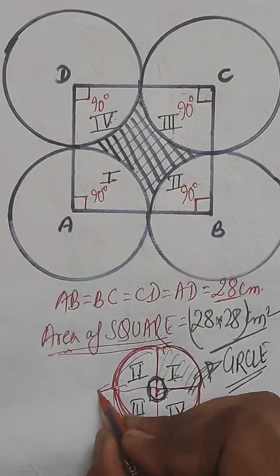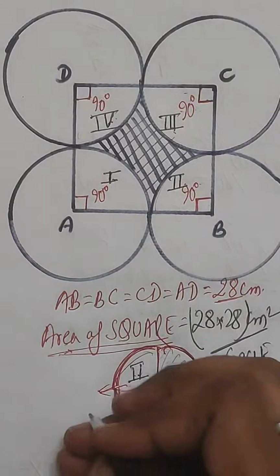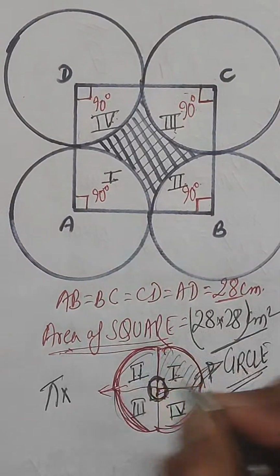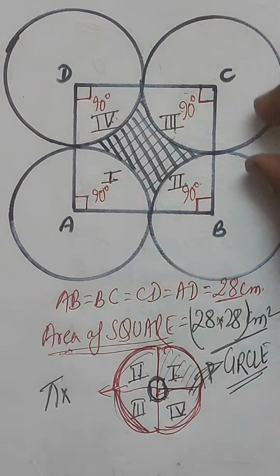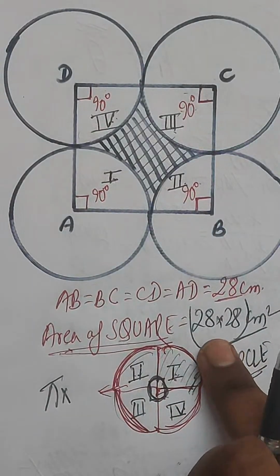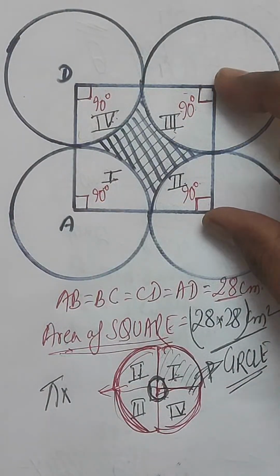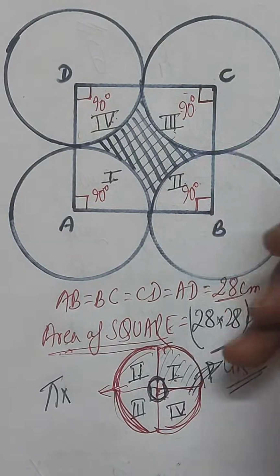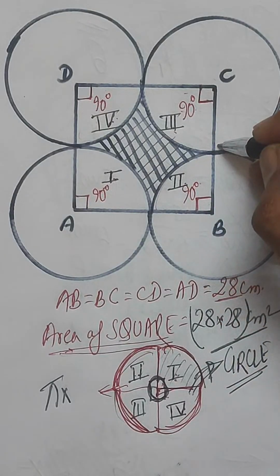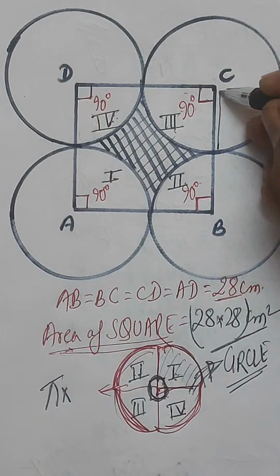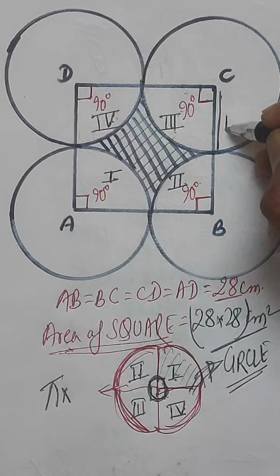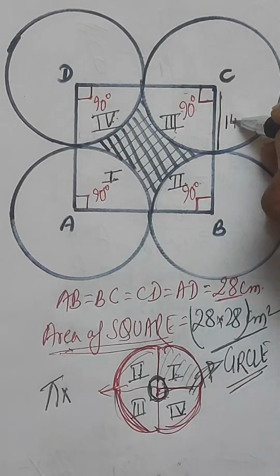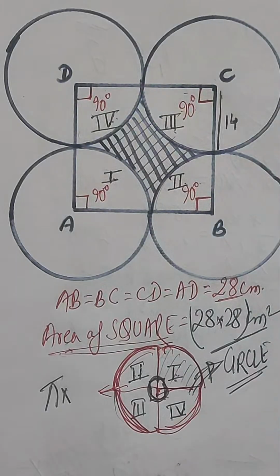The area of this circle is pi r square. What is the radius? If 28 is the side of the square, you can see it's a symmetrical diagram, so we will consider the radius as 14, because 28 by 2 is 14, right?